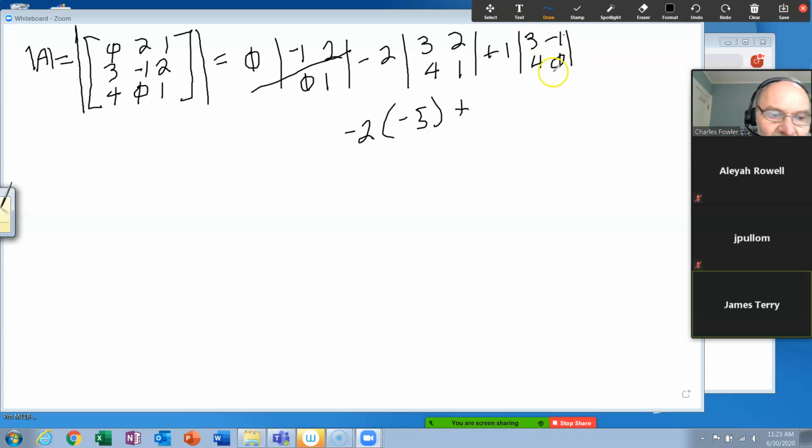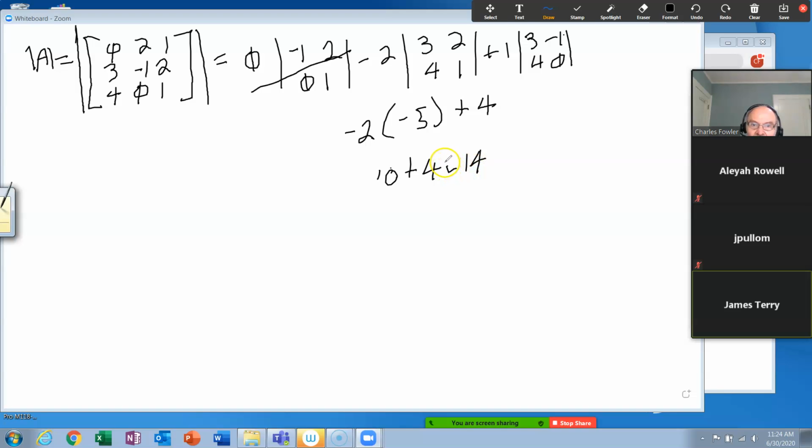I heard someone in the background. 4, okay, because it's a 0 minus a -4, which is plus 4, times the 1 that we had there. So -2 times -5 is positive 10 plus 4 is equal to 14.